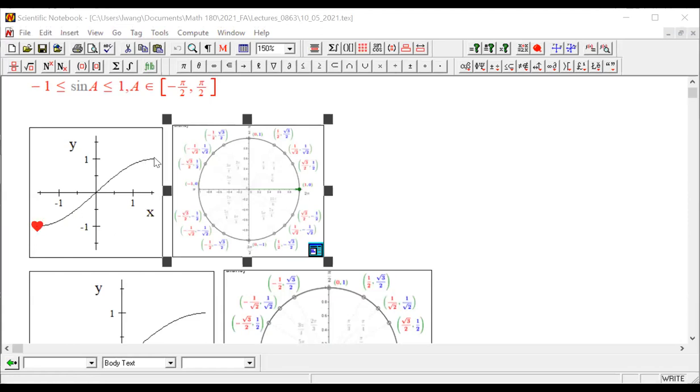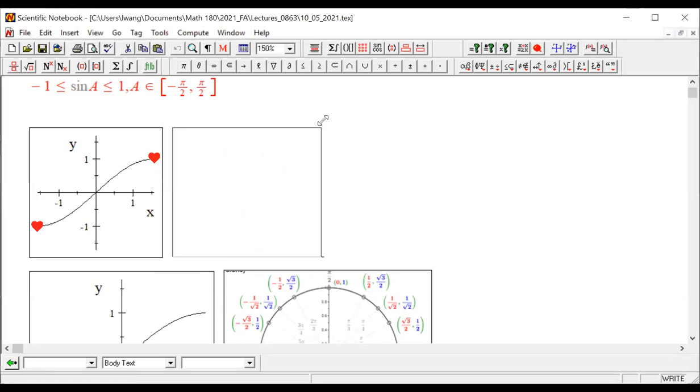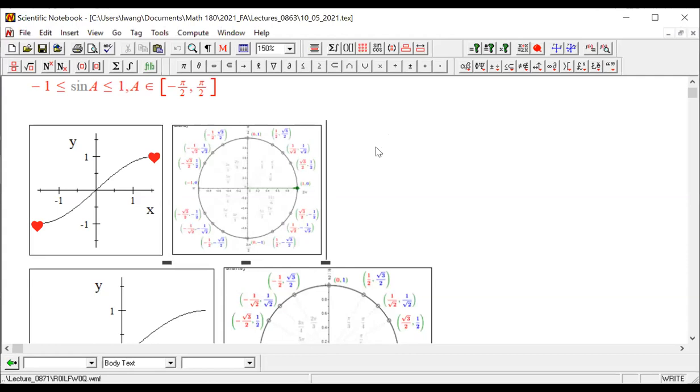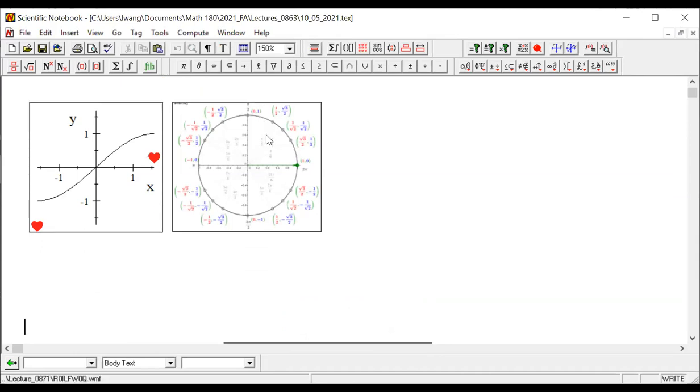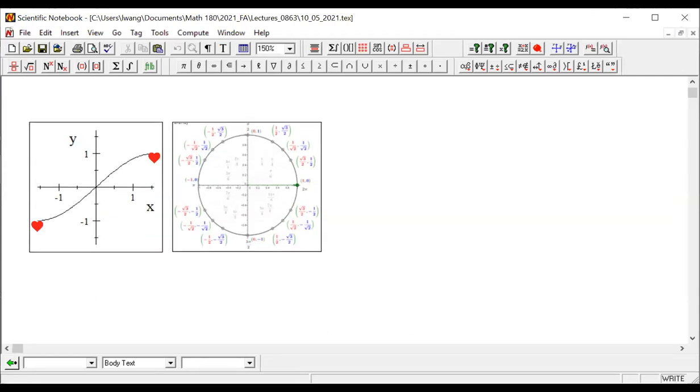What are they? Can you mark these 2 points for me again?